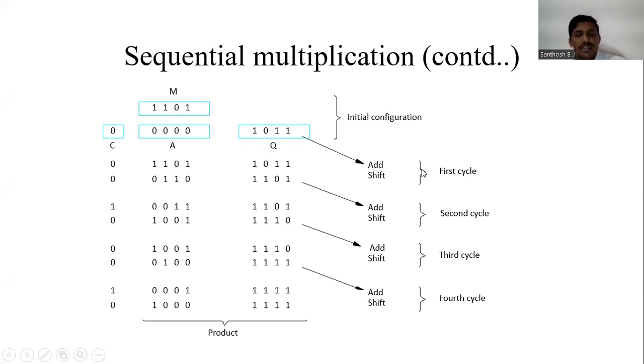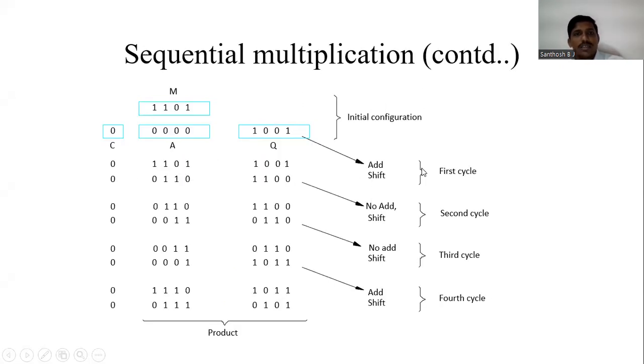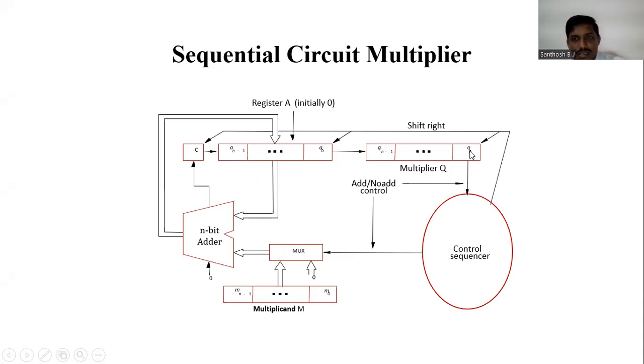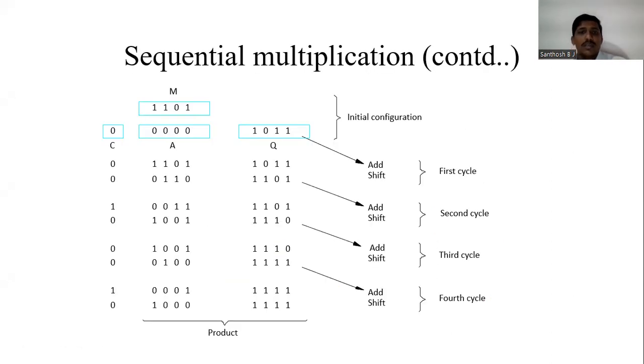After the initial configuration, the first cycle. So what is the first cycle? See, we check the least significant bit of Q naught. Understood, guys? The least significant bit of Q naught is 1. If the least significant bit of Q naught is 1, then the control sequencer sends the add signal.